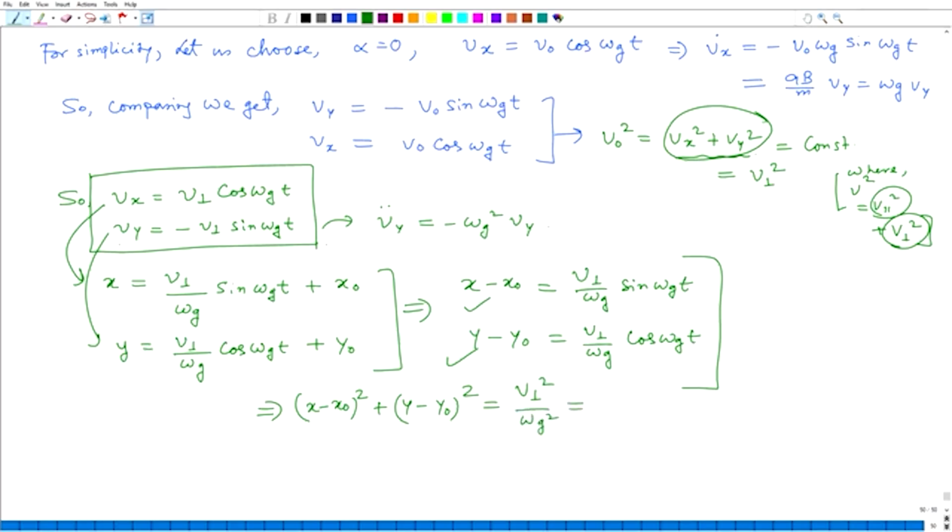I call that some radius Rg square, and I call this omega g the gyration frequency. Of course, omega is an angular frequency, so it is the angular gyration frequency, and Rg is called the radius of gyration.